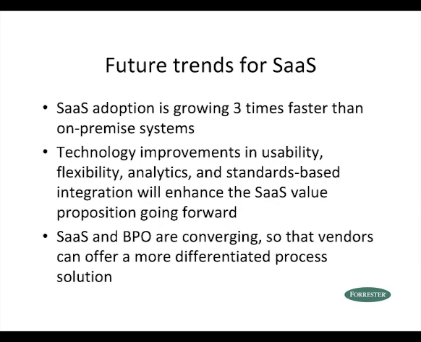Finally, there's a natural convergence going on between SaaS and business process outsourcing service providers, and the BPO providers can offer a more differentiated solution by embedding SaaS application technology in their service offering. Corfino is clearly a proponent of this trend and is making this happen within the realm of finance.